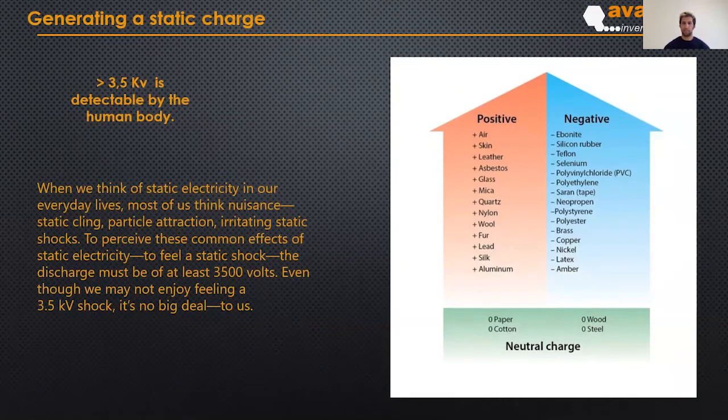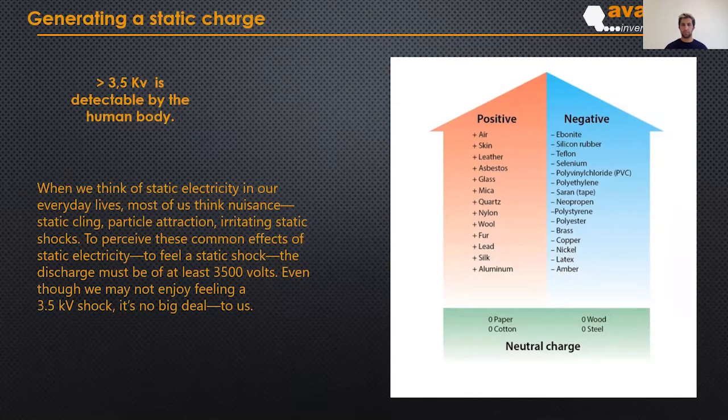Why are we generating the static charge? There are different kinds of materials that can generate static charge. There are materials that have the capability to take or donate electrons more or less easily. There are materials, positive or negative, that can lend or lose electrons very easily.